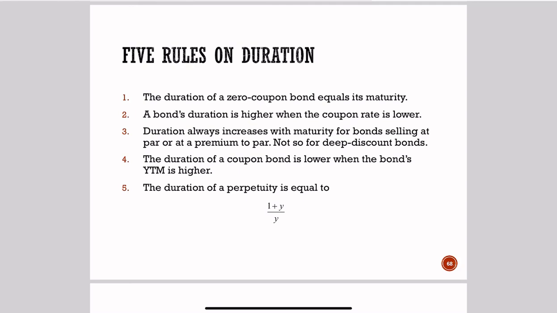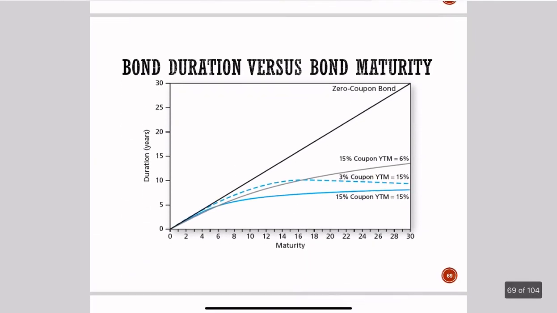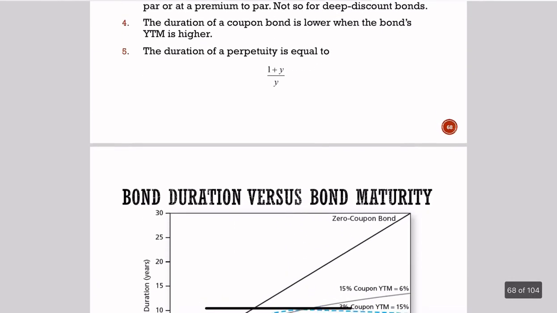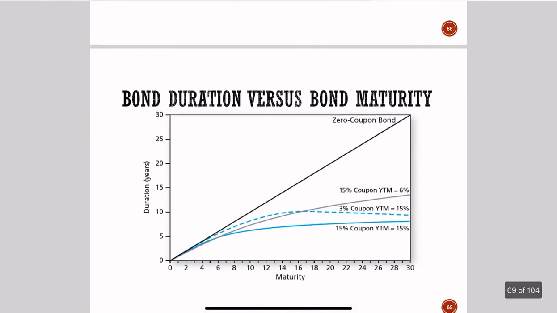So why? Okay, first let's just look at the picture here, right? Get some examples and see how you could draw these results from this picture. So here you can see that we have 4 different bonds, right? We have a 0 coupon bond, and then we have 3 coupon bonds.